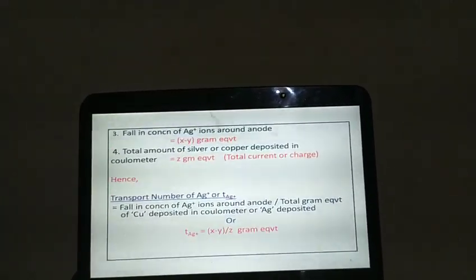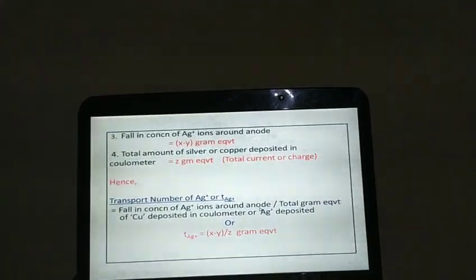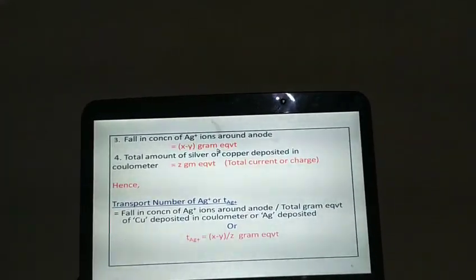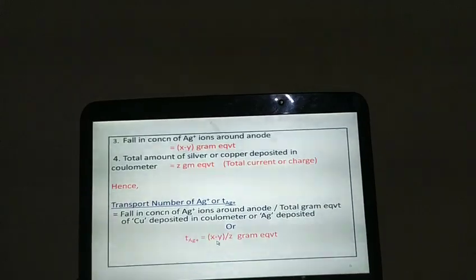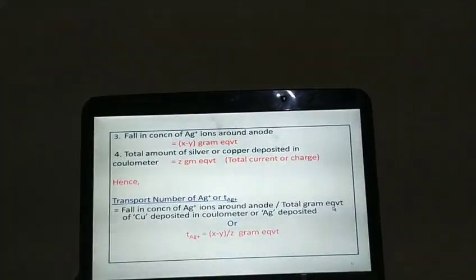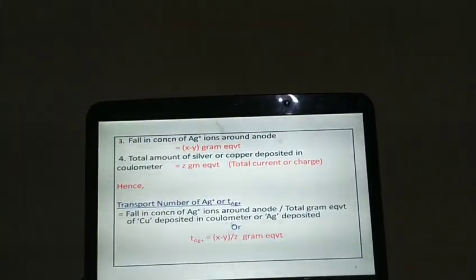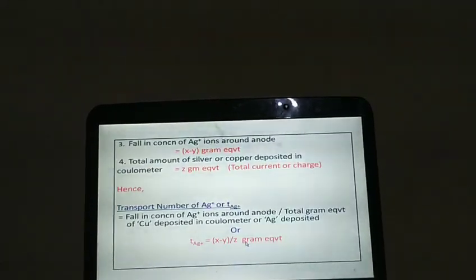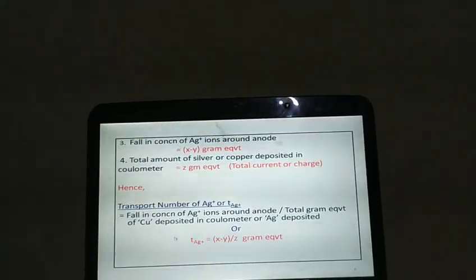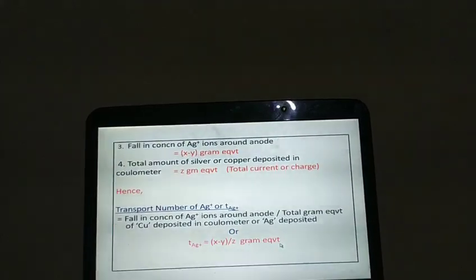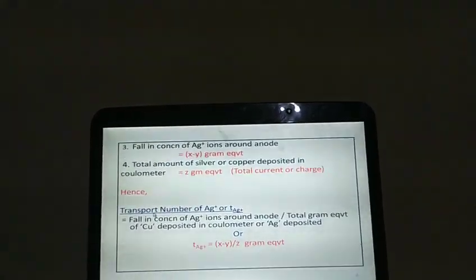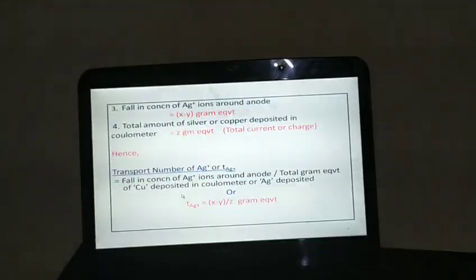Since the fall in concentration of Ag plus ions around the anode is X minus Y, substitute in the expression X minus Y, and the total gram equivalent of copper deposited in the coulometer is Z gram equivalent. Substitute in the expression, then we arrive at the final expression. This expression will give you the transport number of the cation.